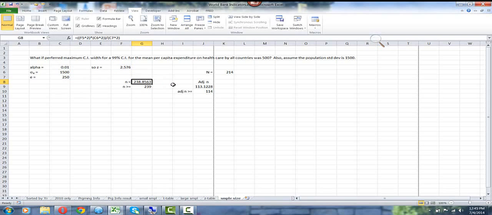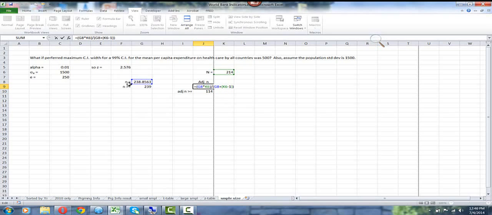Now we have 214 total observations, so we should make the adjustment. This is kind of our n sub o. Again, this assumes you've looked at the lecture notes on sample size determination.